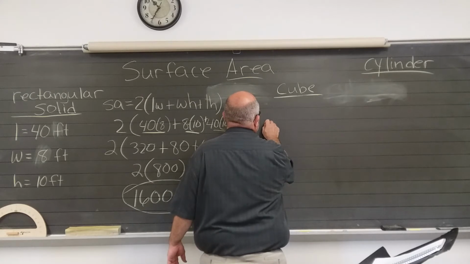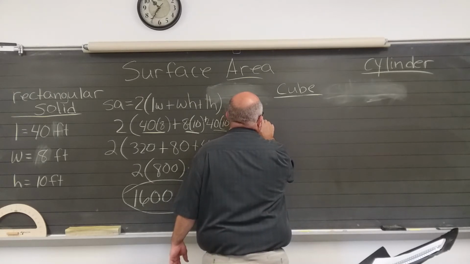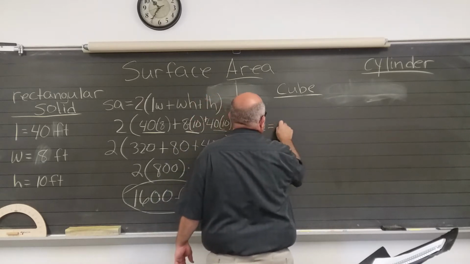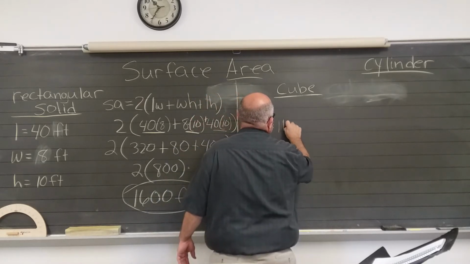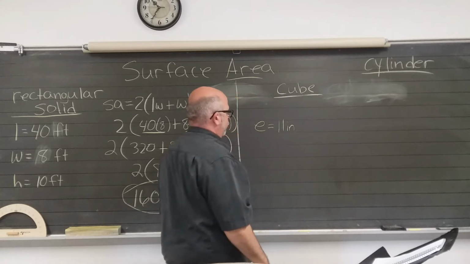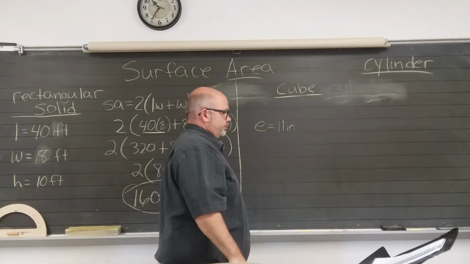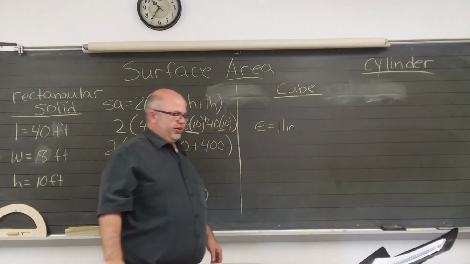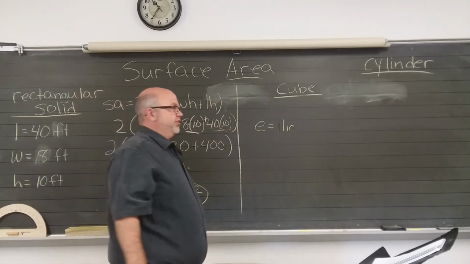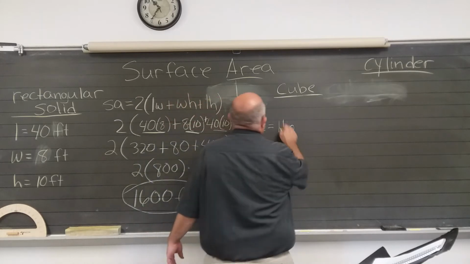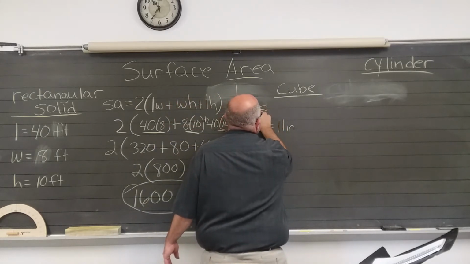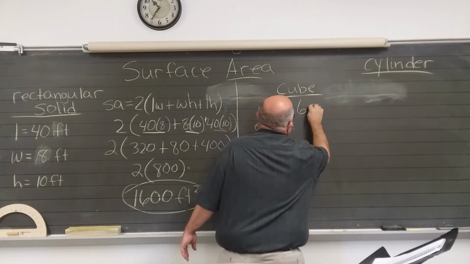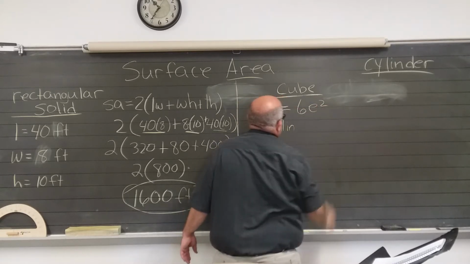So E, edge equals 11 inches. All right? What's the formula for the surface area of a cube? Surface area equals 6 edge squared, right?